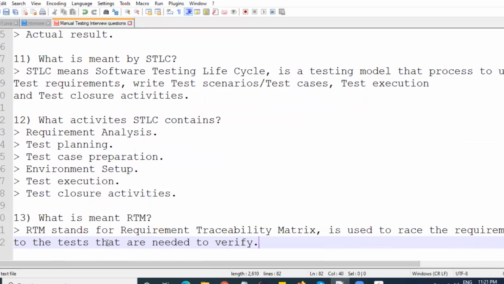So this is RTM. Here we are linking, tracing or mapping the requirements to the corresponding test cases. That's nothing but the requirement traceability matrix.